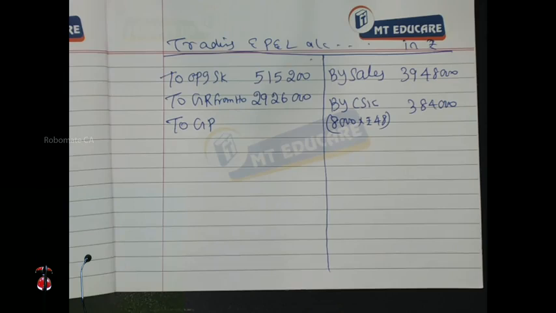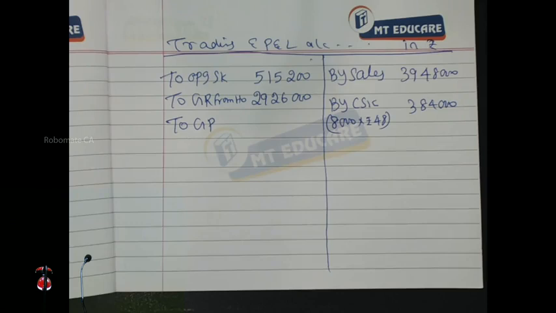The physical stock present at the branch is $8,000. That value only you should find out. You should not find out GP here. Correct? $8,000 into what is the appropriate rate for closing stock? Closing rate. Thereby it is 48. So 8,000 into 48, 3,84,000. Understood? So you don't follow the same methodology here.